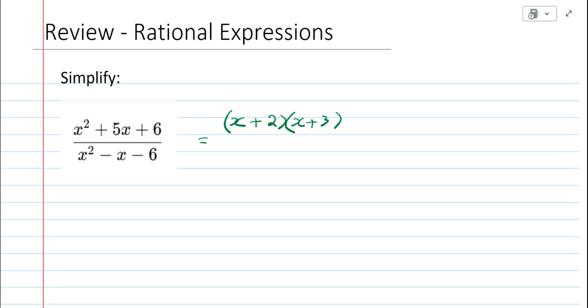So here it is, x plus 2, x plus 3. Remember the rules again. Two numbers you multiply, you get 6, and two numbers you add, you get 5. Okay, that's what happens.